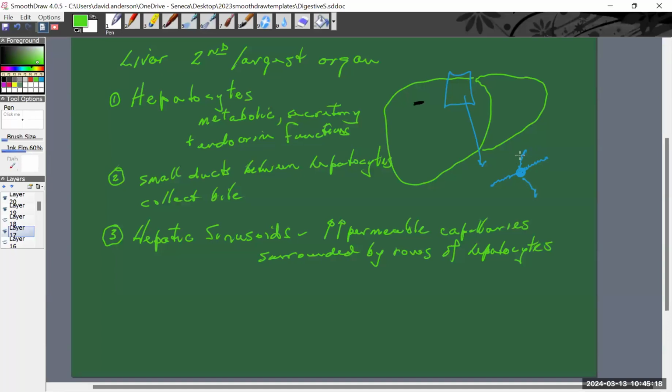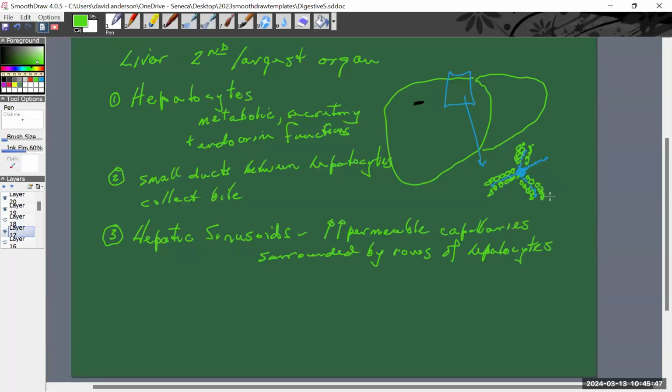And clustered around these capillaries are the hepatocytes. Rows of hepatocytes. They run the length of these leaky capillaries. And so, if they're leaky capillaries, we're going to want to see bulk movement. We're going to want to see diffusion from the capillaries into the tissues beside those capillaries, in other words, the hepatocytes.